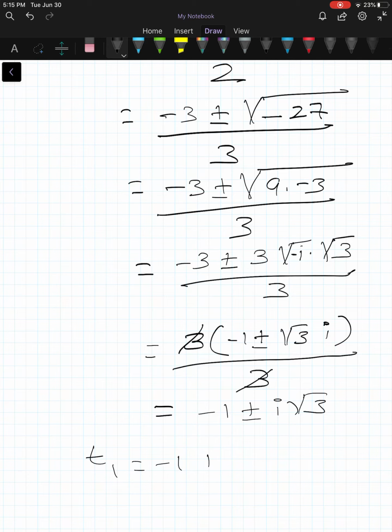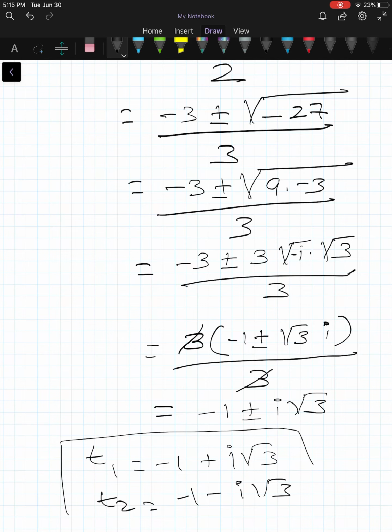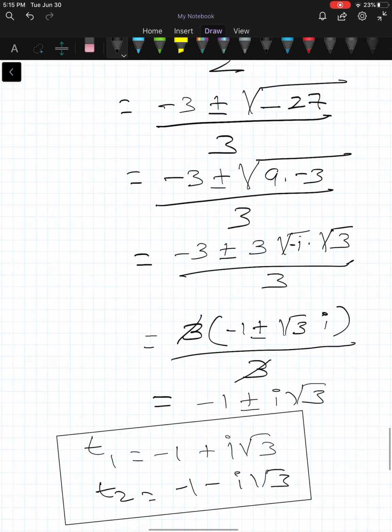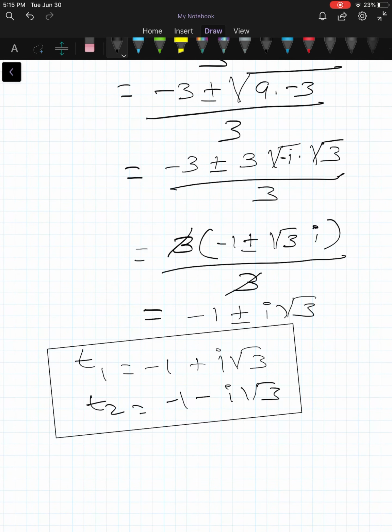So there are two roots. T1 is negative 1 plus i square root of 3 and T2 is negative 1 minus i square root of 3. So these are the roots of the given equation, problem number 70.